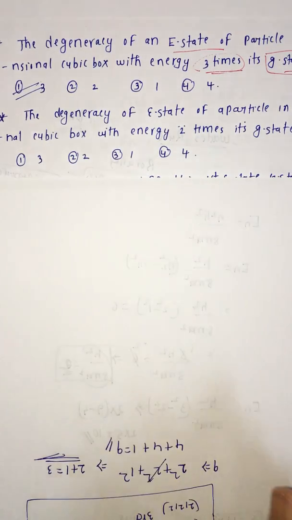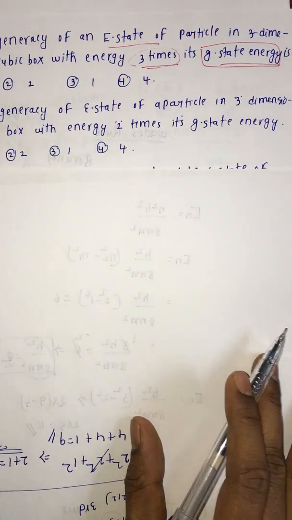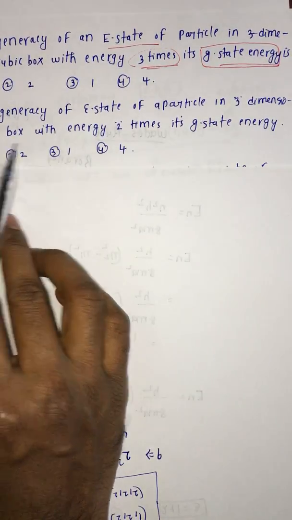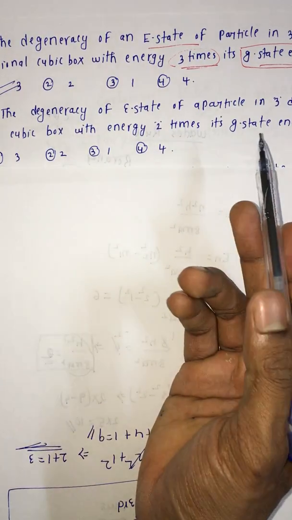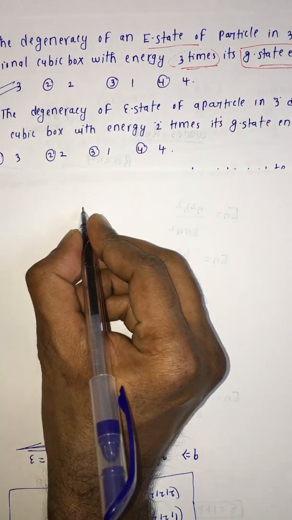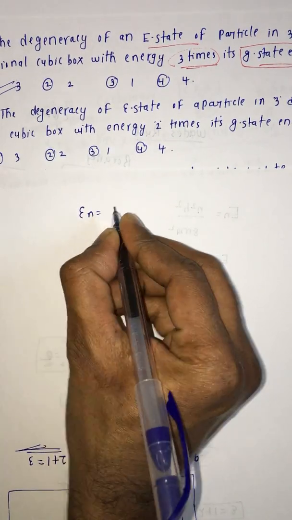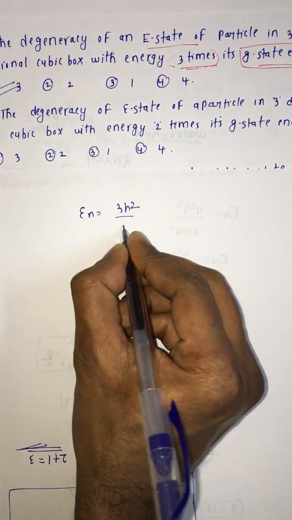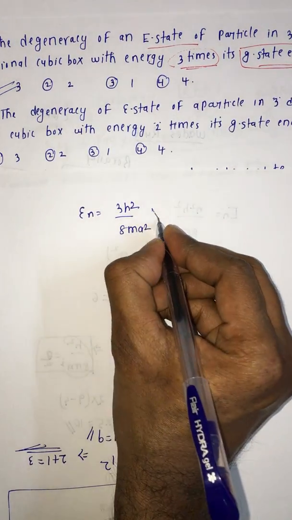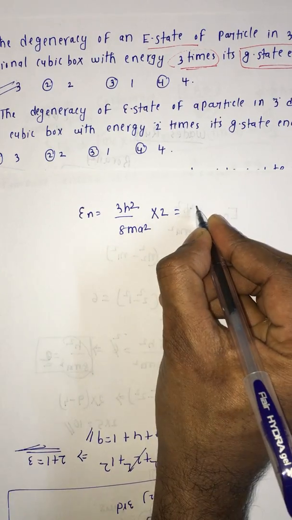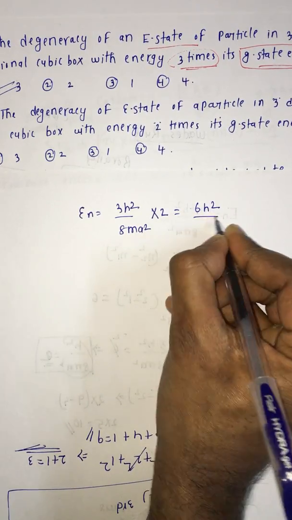Next, the degeneracy of an excited state of a particle in a three-dimensional cubic box with energy 2 times its ground state energy. We have calculated the ground state energy, that is 3h² by 8ma² for a three-dimensional box. Now we said 2 times, so just multiply by 2, and this will be the excited state energy.